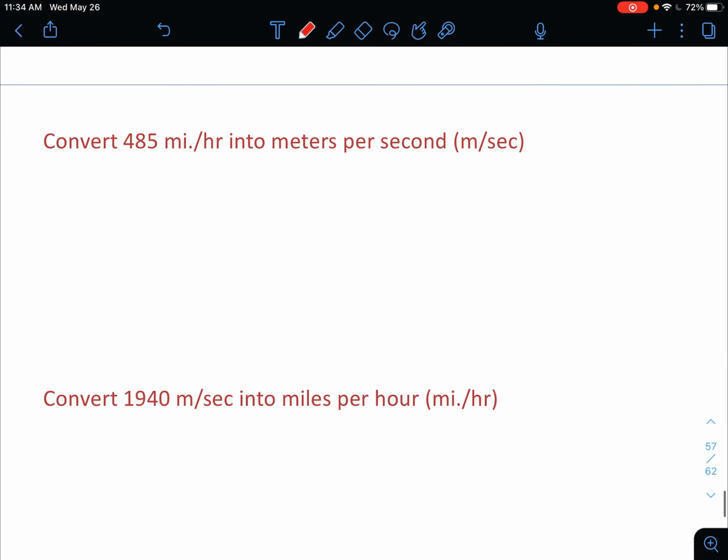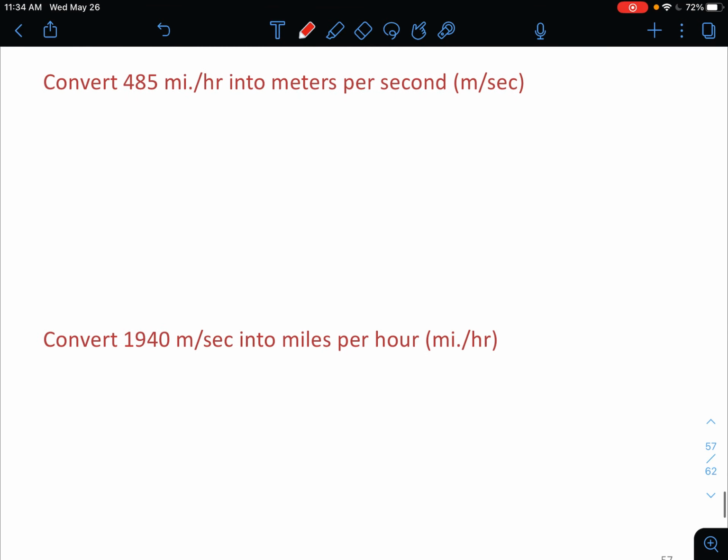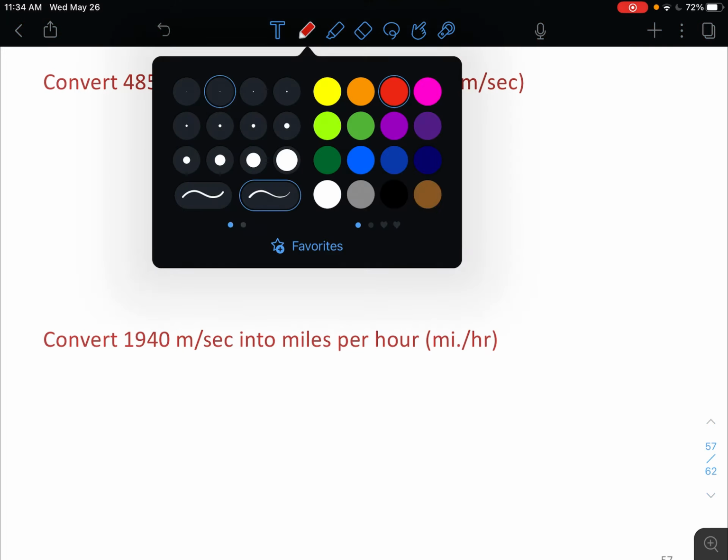Okay, so I have 2 of these for you to do, one in reverse, miles per hour to meters per second, and then the same as before, meters per second into miles per hour. So same story, pause it and work on it on your own if you want, or just keep going.